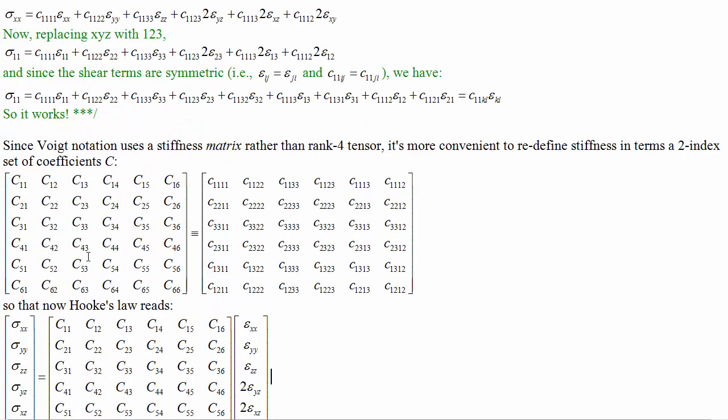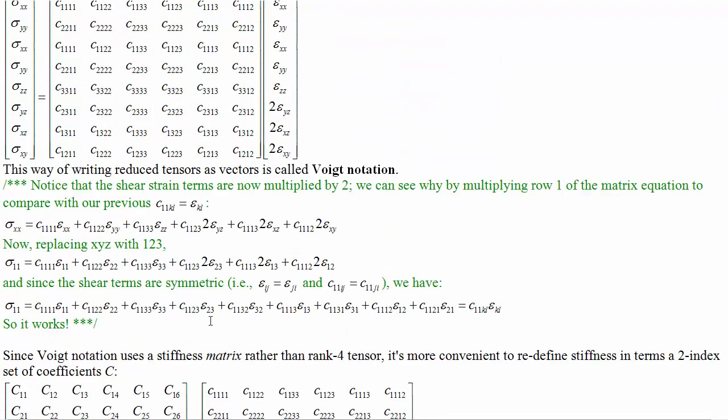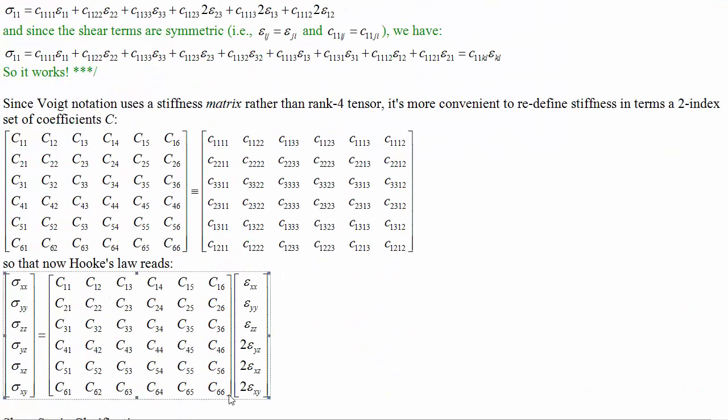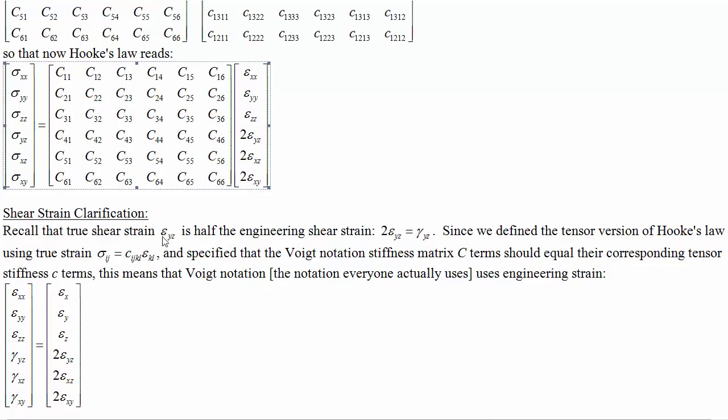And now Hooke's law would just read this way, using our capital C for the stiffness matrix. Well, it's still a rank 2 tensor, but we're just going to refer to this as a stiffness matrix rather than the rank 4 stiffness tensor. And one last point. We mentioned already that true shear strain is half of the engineering shear strain.